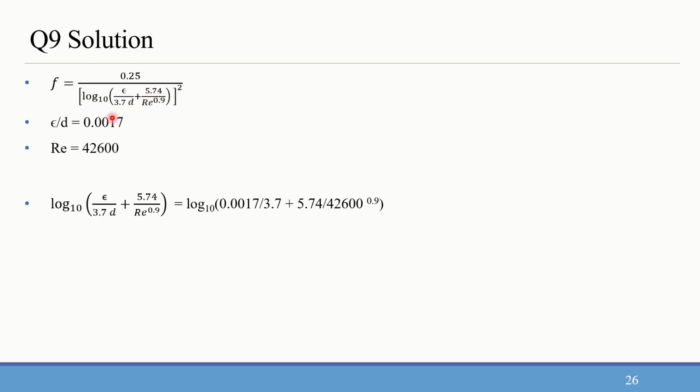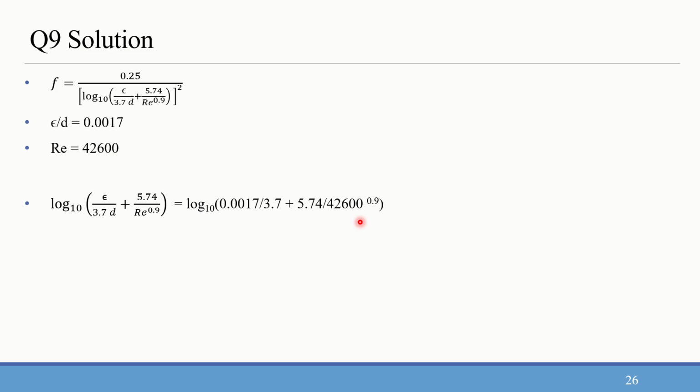So now first we'll evaluate this term. So it is log of epsilon by 3.70 plus 5.74 divided by Re to the power of 0.9, and substituting it we have epsilon by d as 0.0017. So it is 0.0017 divided by 3.7 plus 5.74 divided by 42,600 to the power of 0.9. So now we have to evaluate these two.